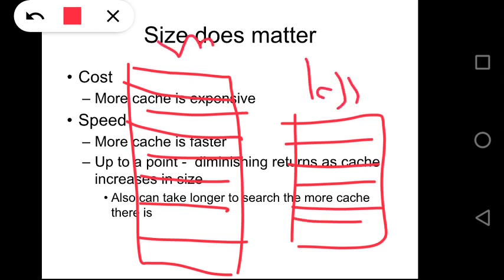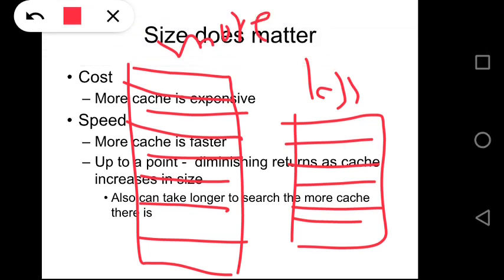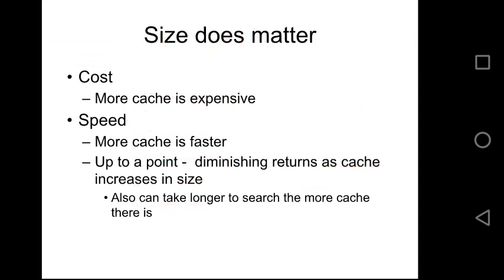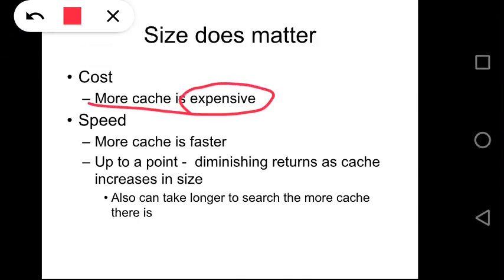So the cache cannot be of large capacity. Another reason is that it is very expensive. You can't keep its size very big because it becomes very costly.